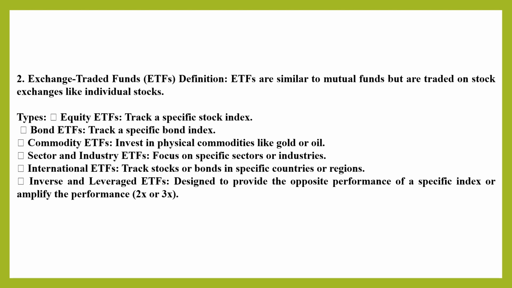Commodity ETFs invest in physical commodities. Sector and industry ETFs focus on specific sectors or industries. International ETFs hold stock or bonds in a specific country. Inverse and leveraged ETFs are designed to provide the opposite performance of a specific index or amplify the performance. This is known as exchange traded fund.